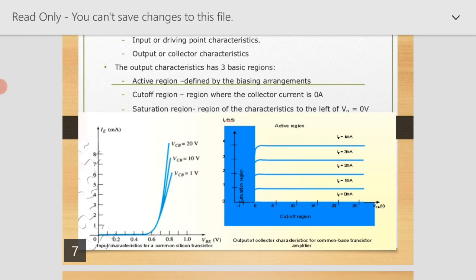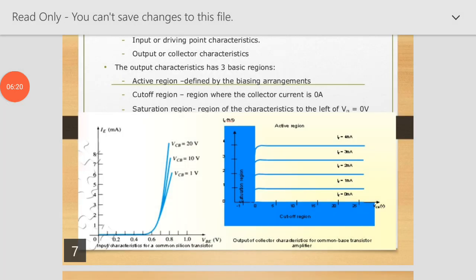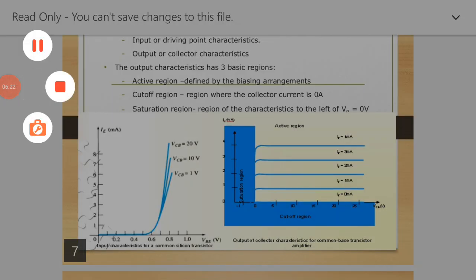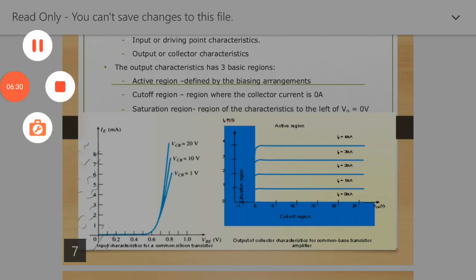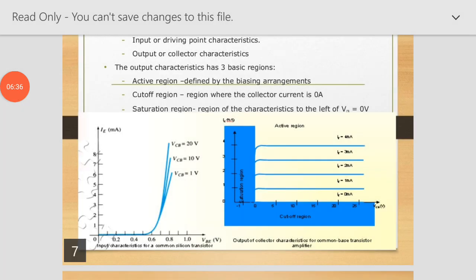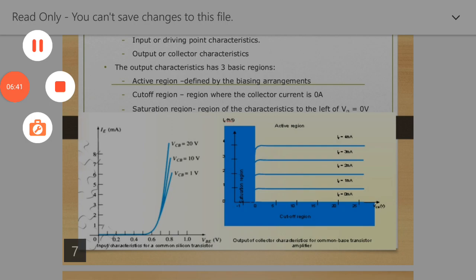The output characteristics of common base configuration is a graph of output voltage versus output current. The output voltage is VCB and the output current is IC. At a constant input current IE, the emitter current, the output voltage VCB is varied and the output current IC varies on the y-axis.